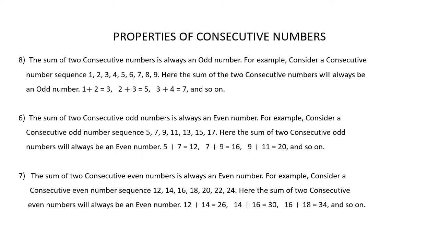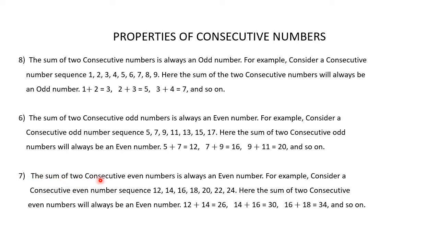That is, when you add two consecutive odd numbers, you will get an even number. For example, 5 plus 7 is 12, which is an even number. 7 plus 9 is 16, which is an even number. 9 plus 11 is 20, which is an even number, and so on.